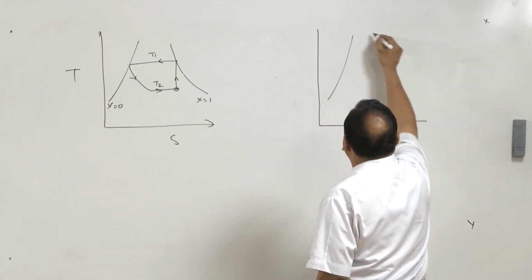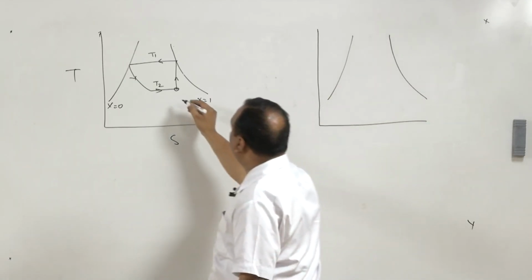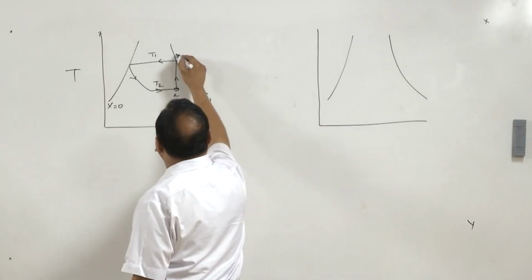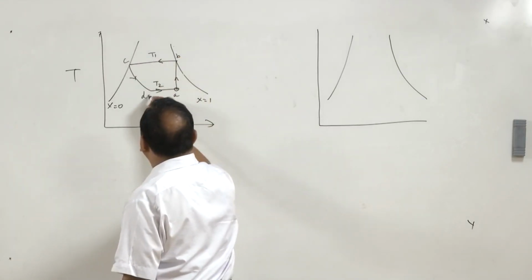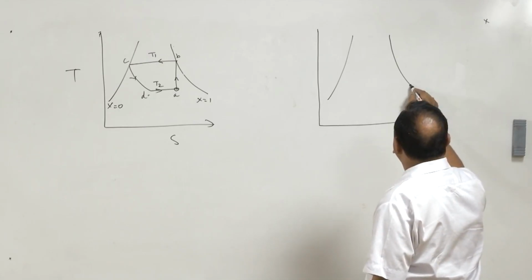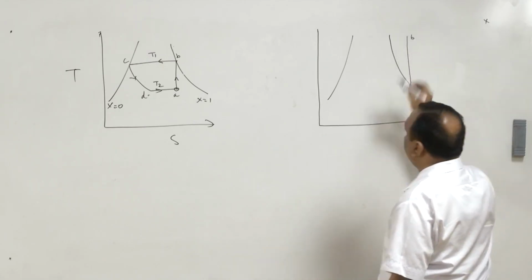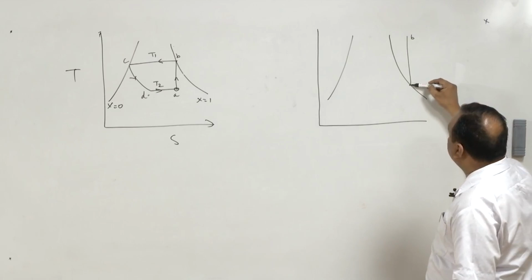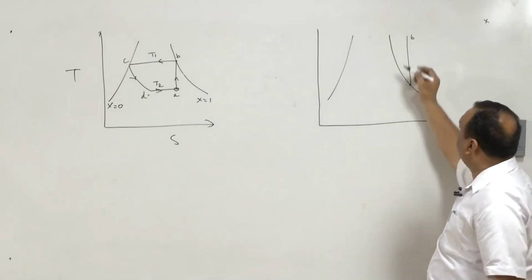So, this state, let us say A, B, C, D. This state A will be shifted here, and when the compression takes place from A to B, definitely after the compression the vapor will become superheated.